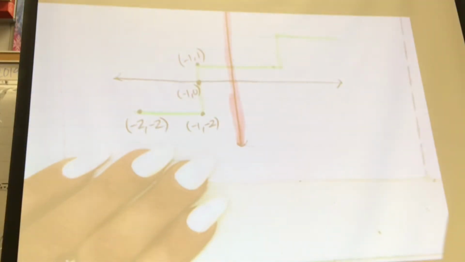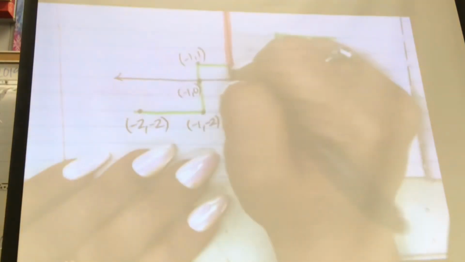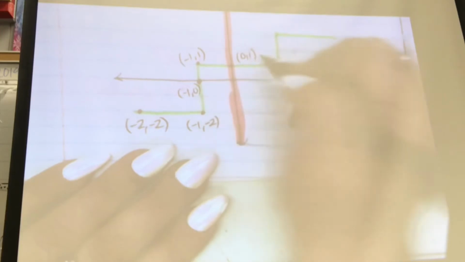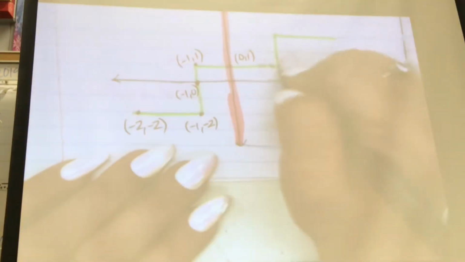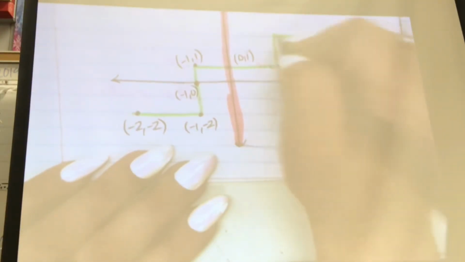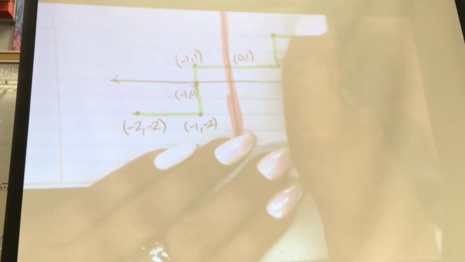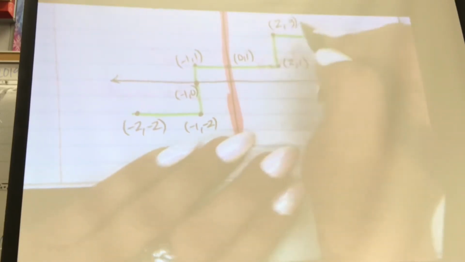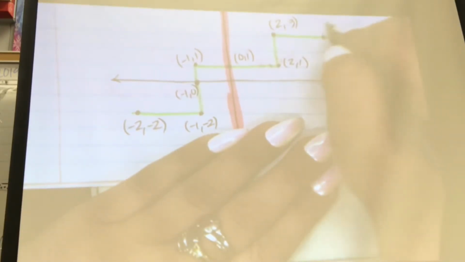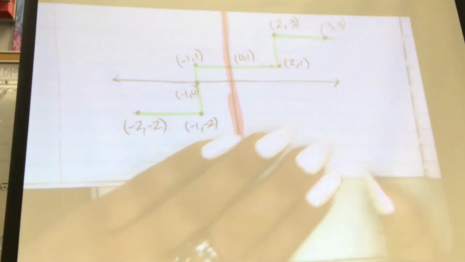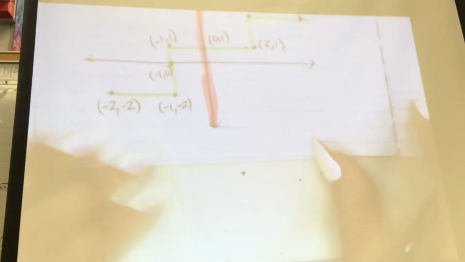Let's say this is -1, 1. Let's say this is 0, 1. Let's say this is 2, 1, 2, 3, 3, 3. Make sure these are all written down correctly.